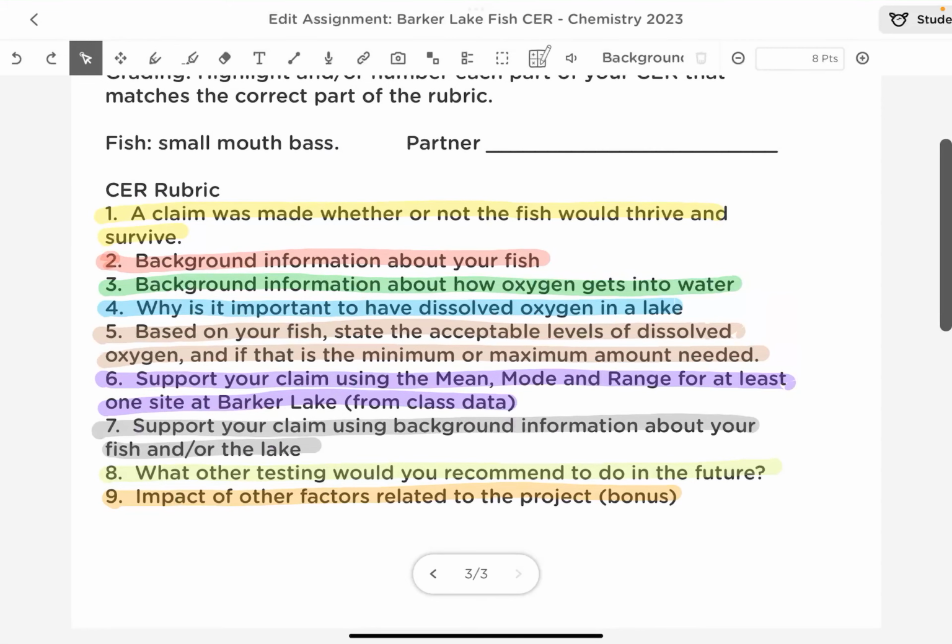And like number five says, with the acceptable levels for our fish, is that a minimum amount or a maximum amount? And then we're going to have to support our claim, number six here, with the mean, median, mode, and range for at least one site from Barker Lake, citing your class data.